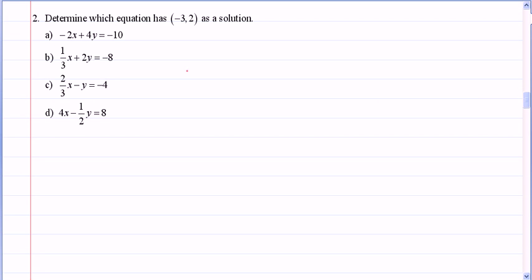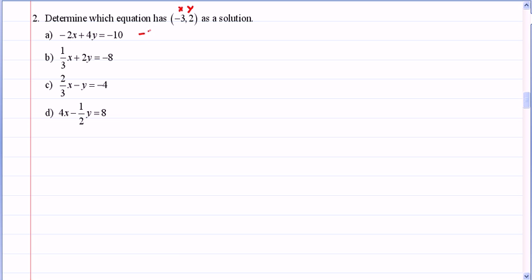For number 2, very similar to number 1, but instead of given the equation, now we're given the point. Determine which equation has negative 3, 2 as a solution. So I'll take negative 3, substitute it in for x, 2, substitute it in for y, and stop when I get one of the equations to work.